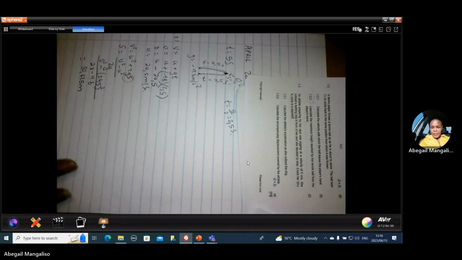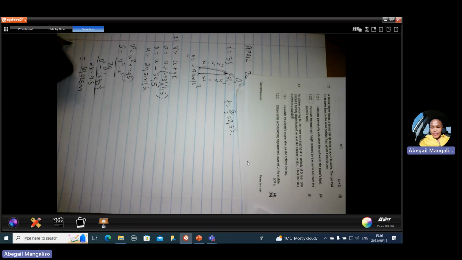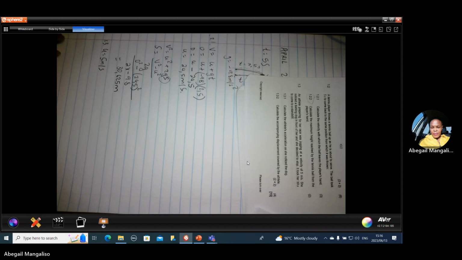1.3: an athlete preparing for her race was jogging at a velocity of 5 meters per second. So you are given the initial condition: the initial velocity is 5 meters per second. She noticed a barking dog in front of her and decided to stop. So the final velocity is 0, and the time taken was 10 seconds.